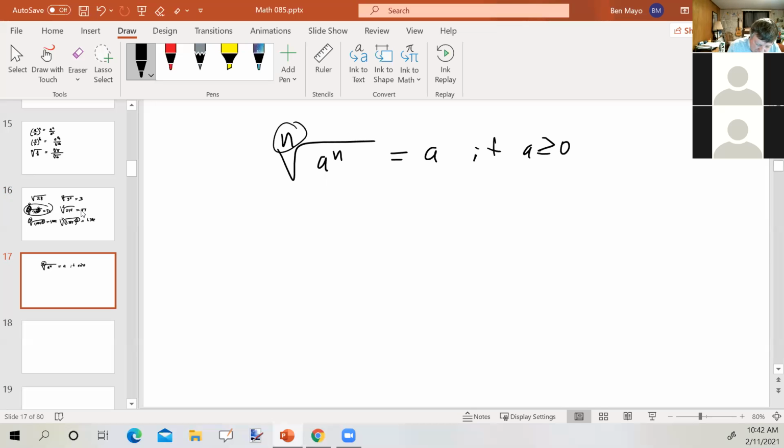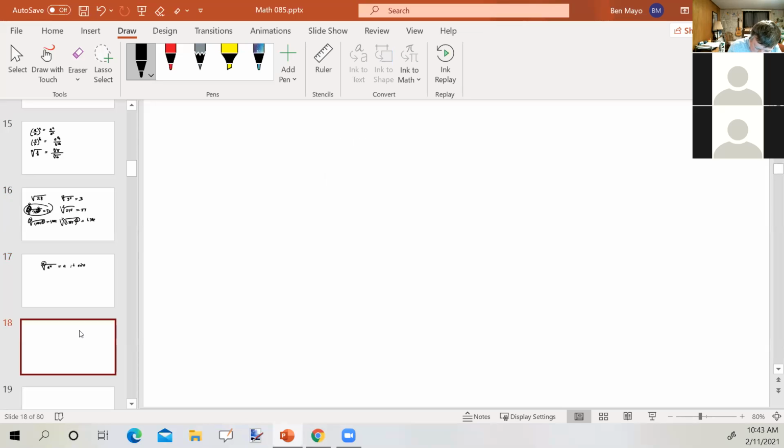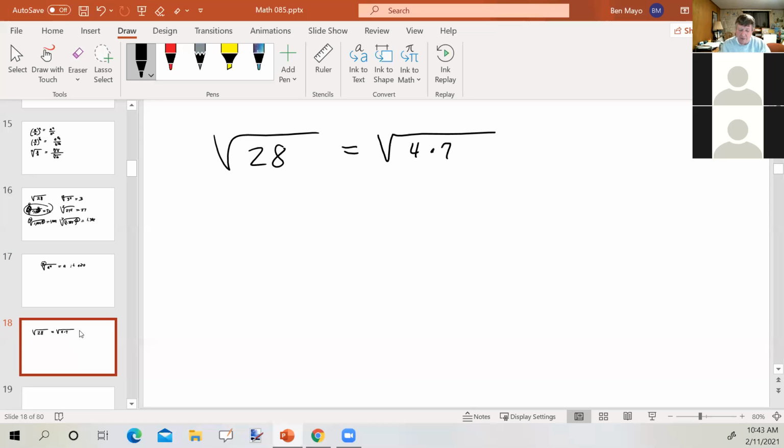So using that idea, let's go back to this square root of 28. What is the implied index here? It's a 2. So we're looking for square factors inside that we can unsquare and kick outside. The square root of 28 could be written as the square root of 4 times 7, right? 4 times 7 is 28.